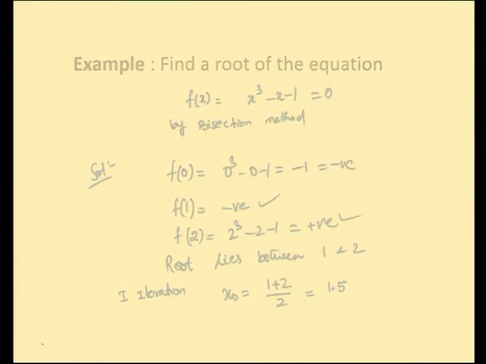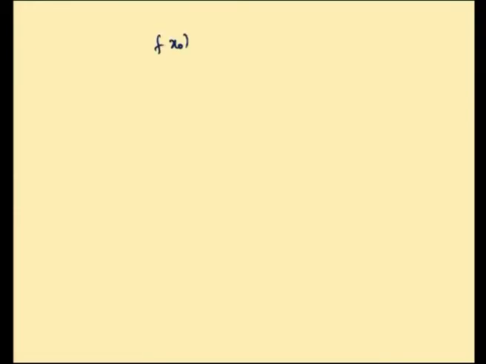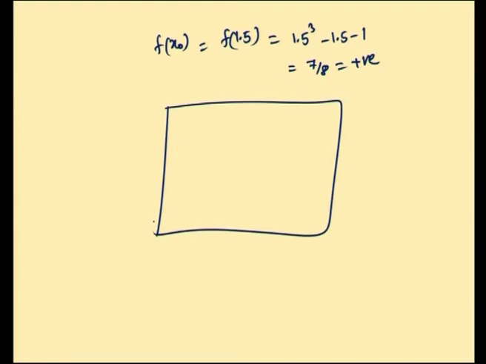Now, find f of x0, which is f of 1.5. f of 1.5 is 1.5 cube minus 1.5 minus 1, which is equal to 7 divided by 8, which is positive. So, write down the values: f of 1 is negative and f of 1.5 is positive.